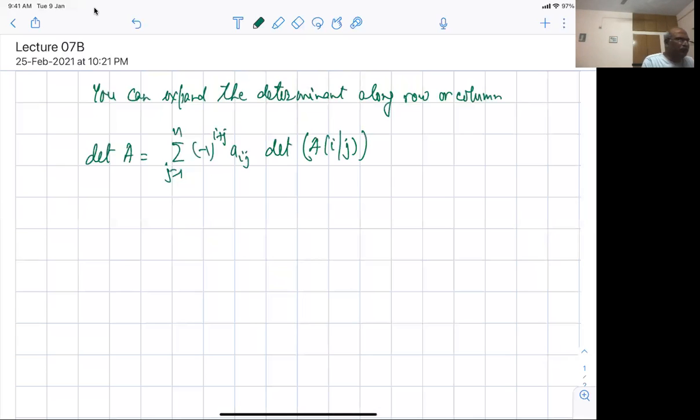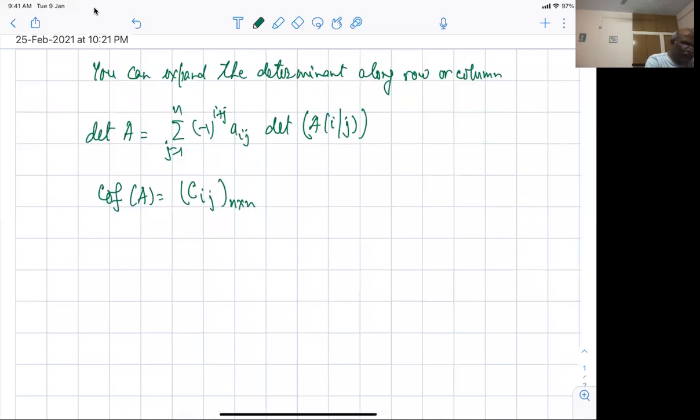So to understand it better, there's a notion of what is called a cofactor matrix, cofactor of A. This is supposed to be the Cij, capital C, and it is again an n cross n matrix. And Cij is coming from here, which is minus 1 to the power i plus j, determinant of A with the ith row and jth column removed.